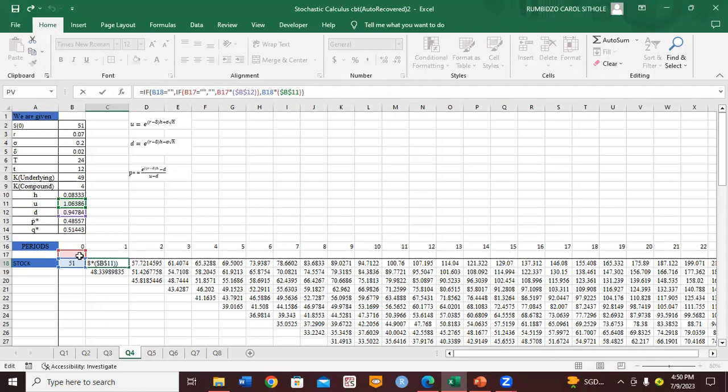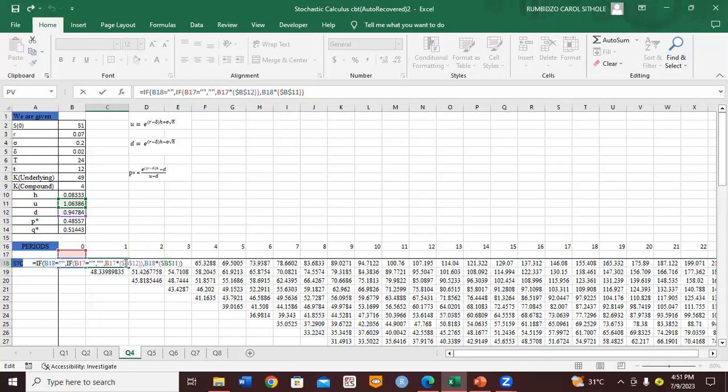If it's empty, you just leave it blank, which is this top one, because it's SU and SD. Since this part is empty, we just leave it blank. If this one is not empty, we calculate it by saying, so this one will be our SD, which will be B18, the stock price, multiplied by our D, which is this one.